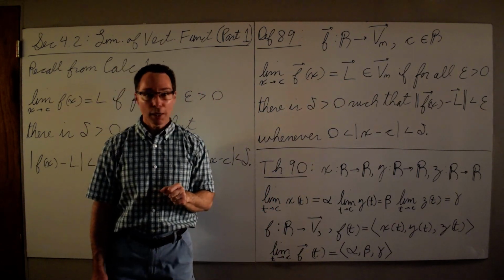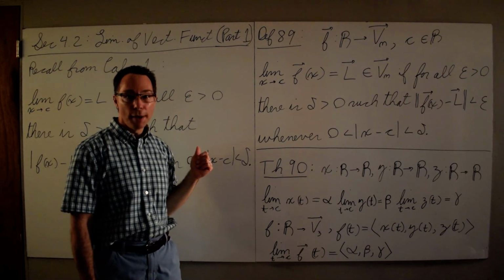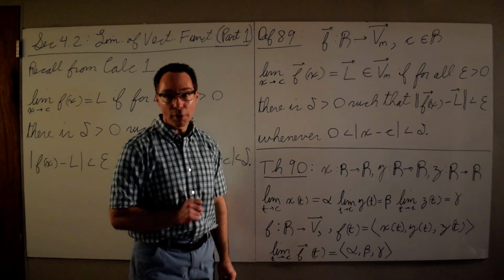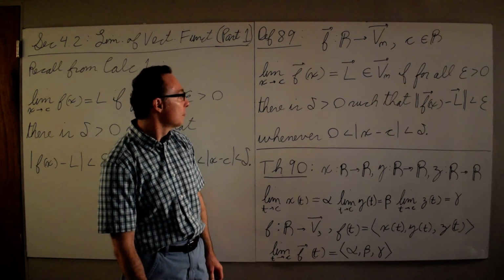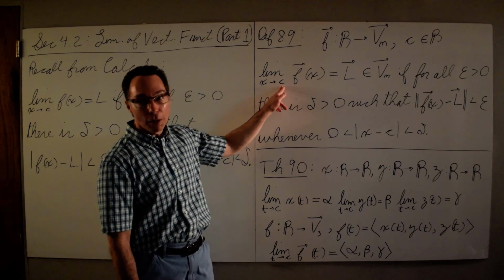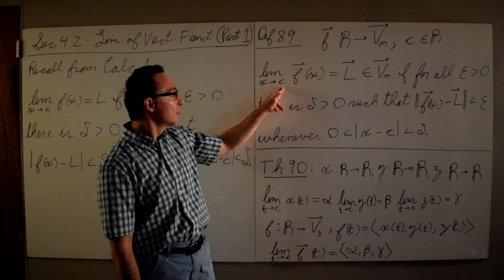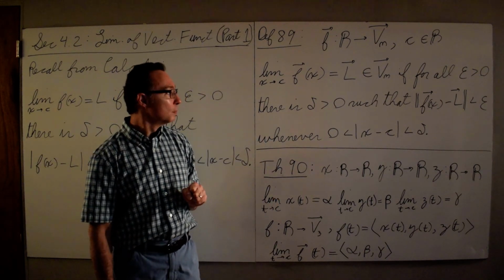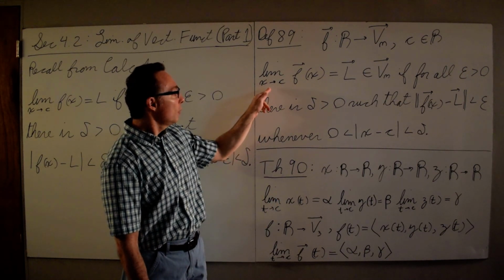Now, just like with limits from Calc 1, back over here, limits and function values aren't necessarily the same thing. So we don't need c to be in the domain of f, and L is not necessarily in the range of f. So what do we mean by this?